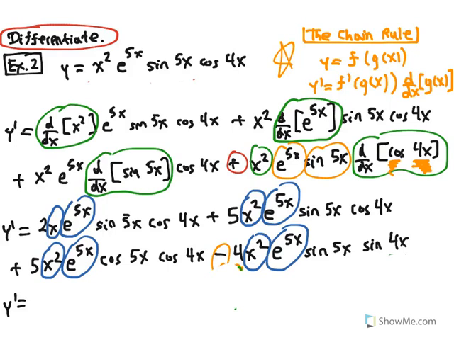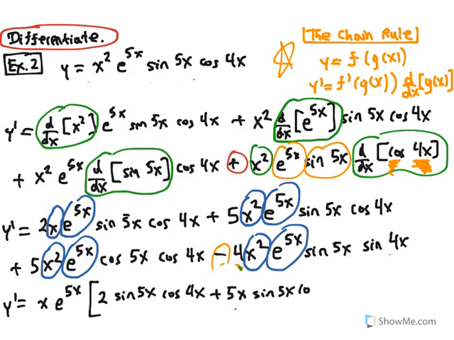So you can write y prime is equal to x times e to the 5x. From the first term, you'd be left with 2 times sine of 5x times cosine of 4x. From the second term, you'd be left with 5 times 1 factor of x times sine of 5x times cosine of 4x.